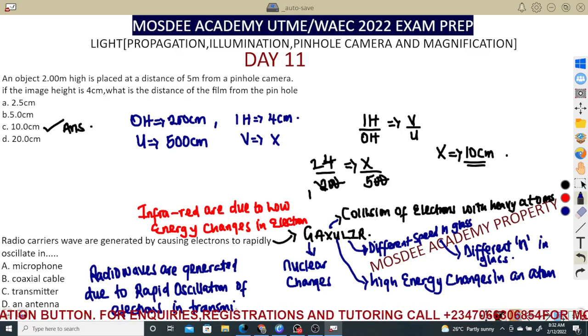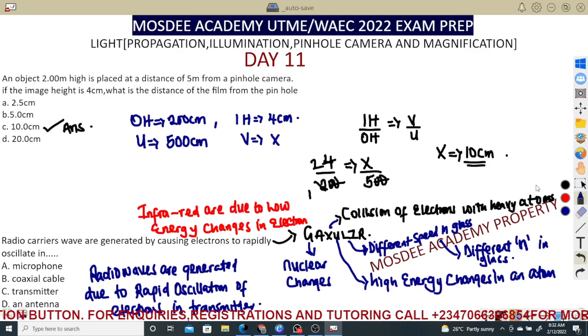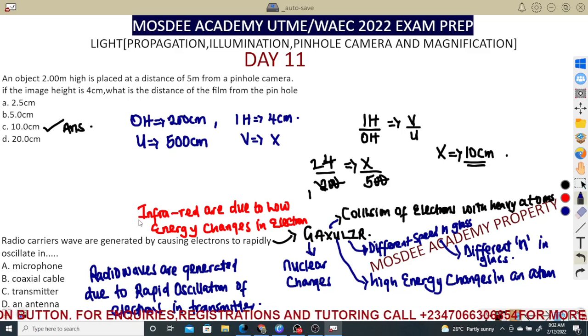In fact, you have probably been to a radio station before, and if you have not, it's still not a big deal. Radios generate and transmit frequency by oscillation of electrons inside the transmitter. So the answer to this: radio carrier waves are generated by causing electrons to rapidly oscillate where? Not in the microphone, not in the cables, but in a transmitter. In transmitters, electrons move rapidly and oscillate about their mean position, and because of that, they are transmitted.